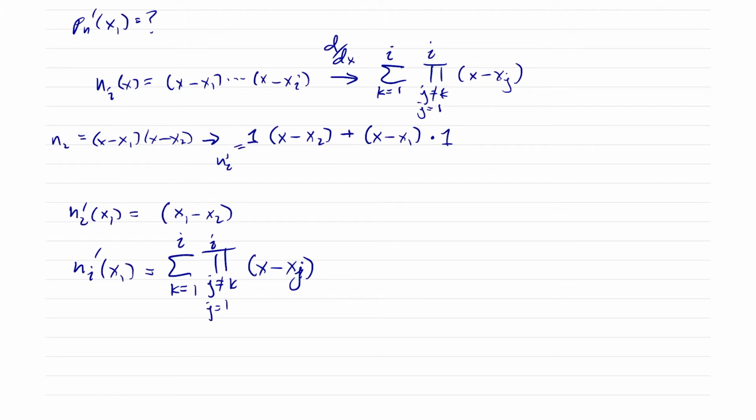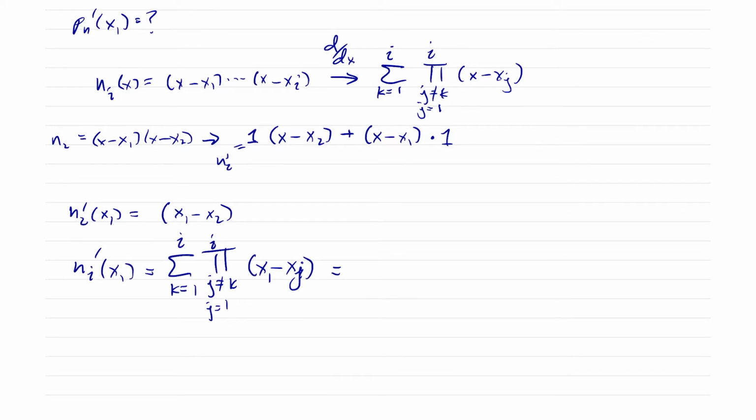Okay, so we're putting x1 in here. In all those other times, we're going to run through this product and end up having an x1 minus an x1, right? So that's going to give us 0.